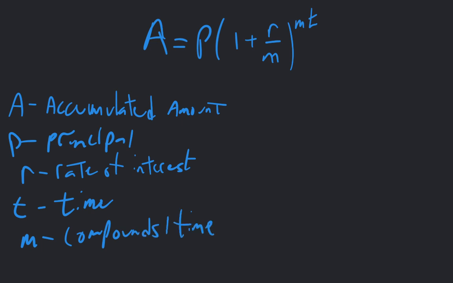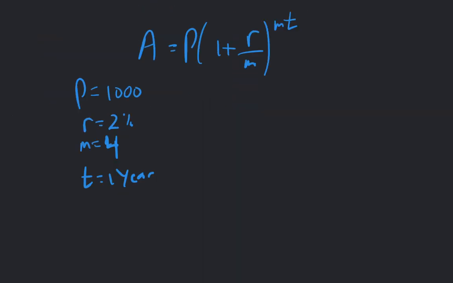And let's say, I'm just going to rewrite it again. If we invest $1,000 at 2% interest compounded quarterly for 1 year, we can plug this in and write this as a formula.